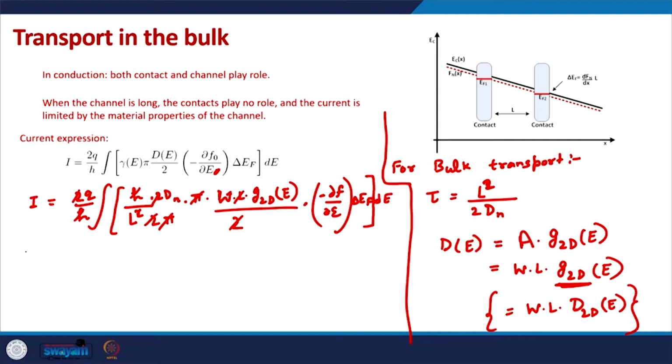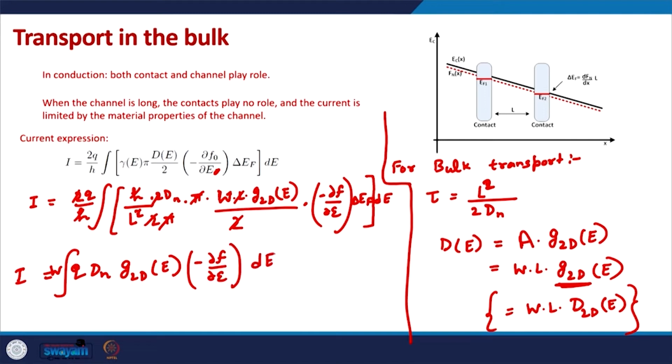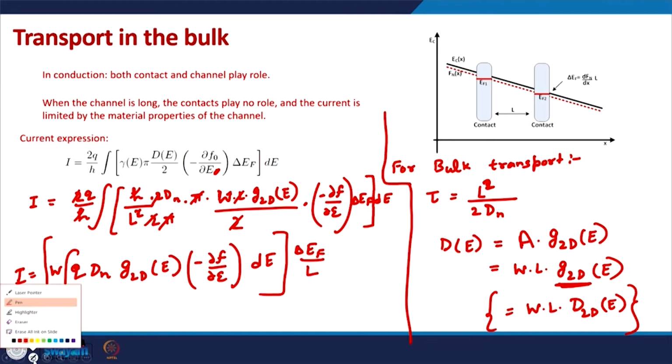So finally what we are left with is q times the integral of q Dn W G2D(E) times minus del f by del E dE times delta EF by L. So this is what we can write from the expression of the current.